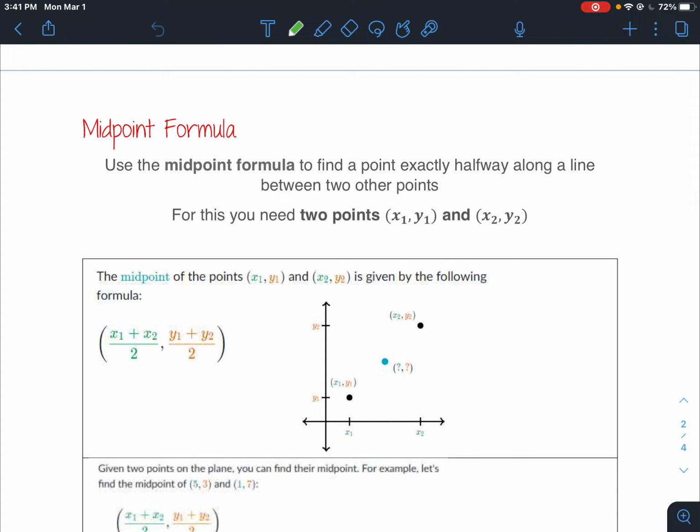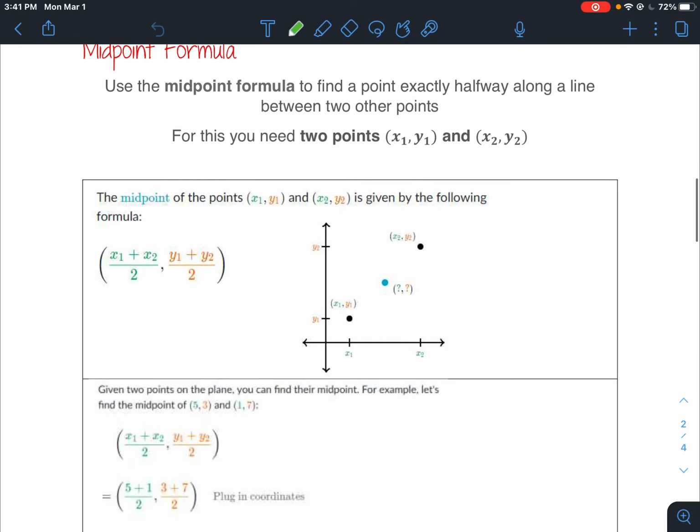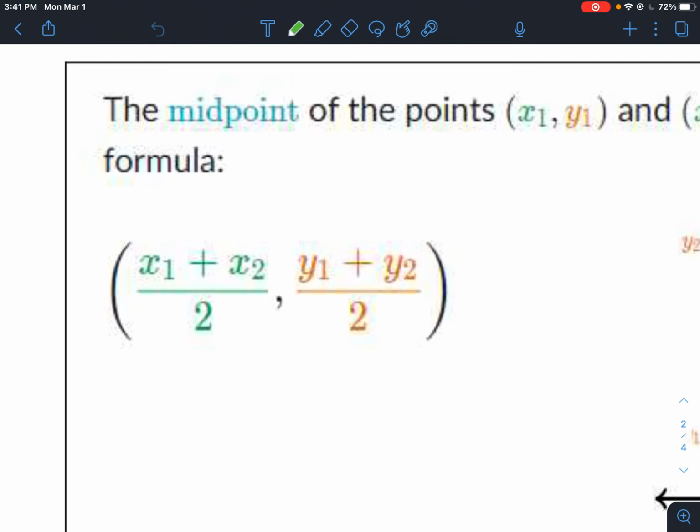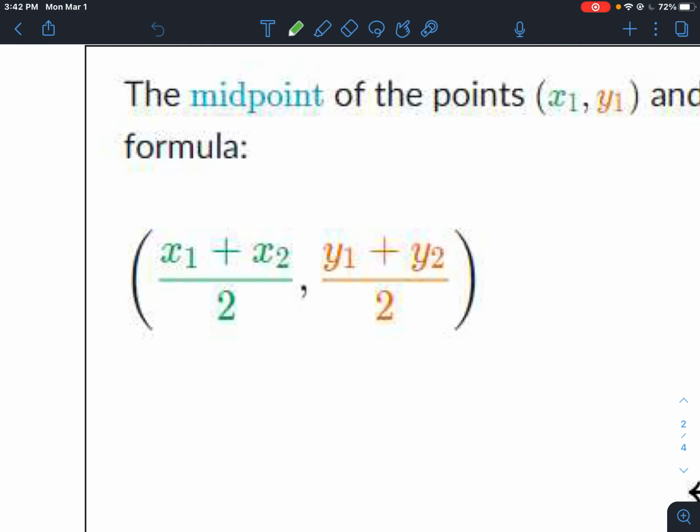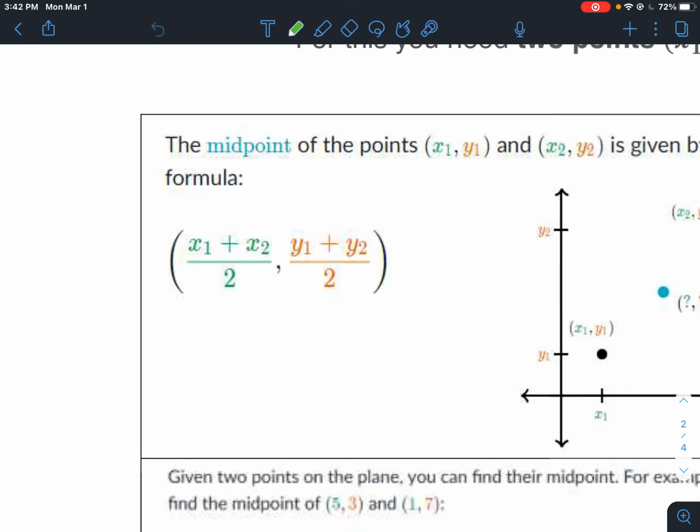Use the midpoint formula to find a point exactly halfway along a line between two other points. For this, you need 2 points, x1, y1, x2, y2. So here is our midpoint formula, x1 plus x2 divided by 2, y1 plus y2 divided by 2.